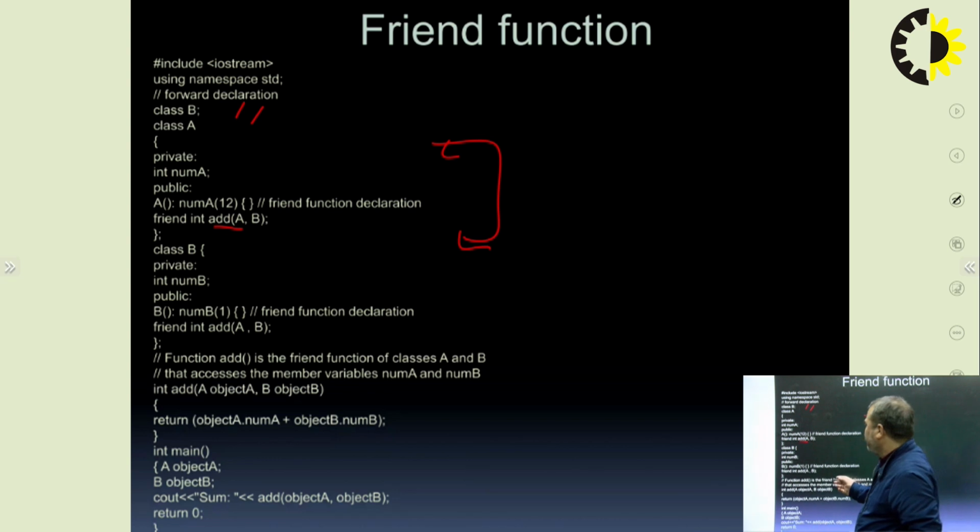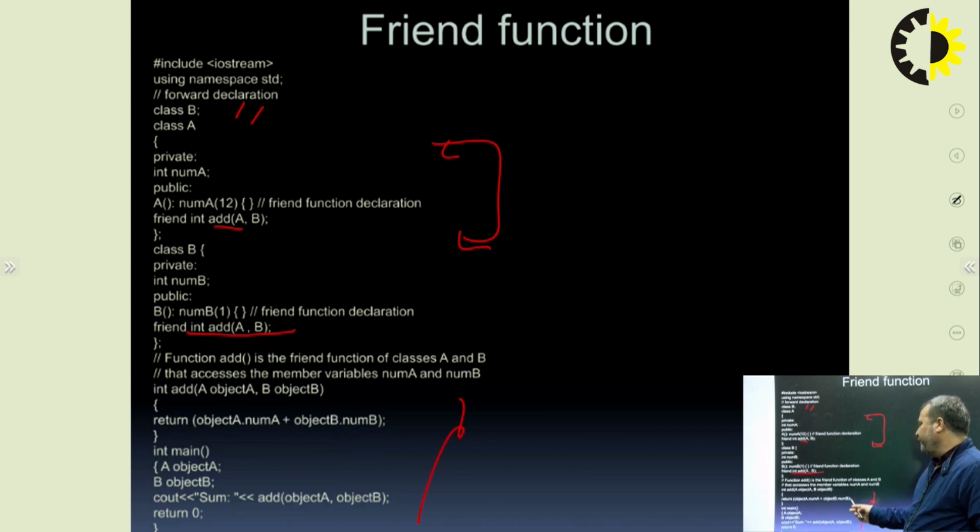Actually we are using two friend function declarations, one is add. Similarly, class B has its data, and add is a friend function. So we have mentioned add in both A and B.